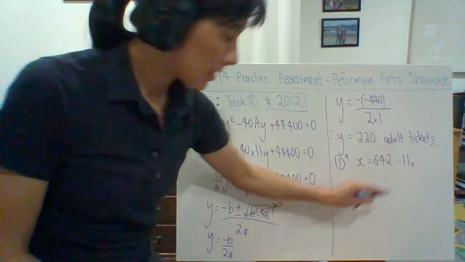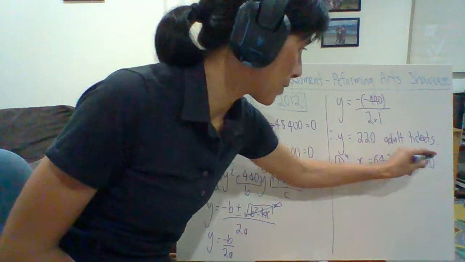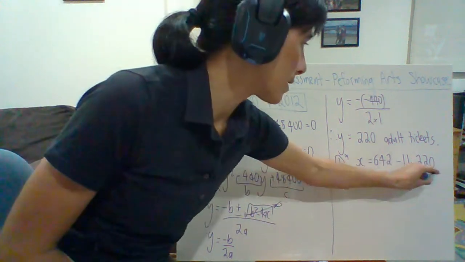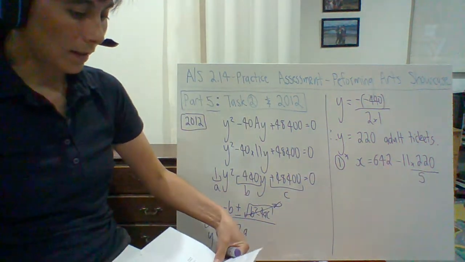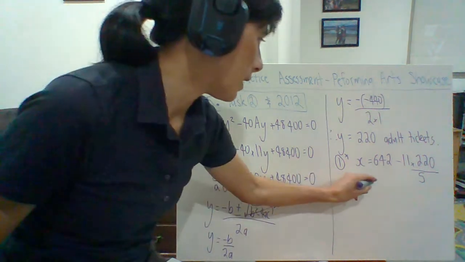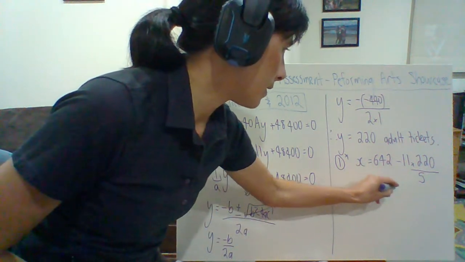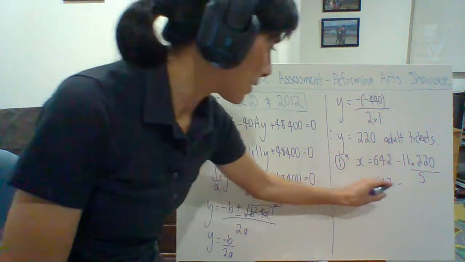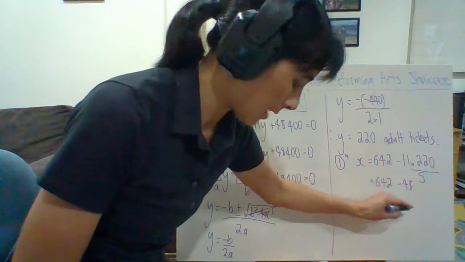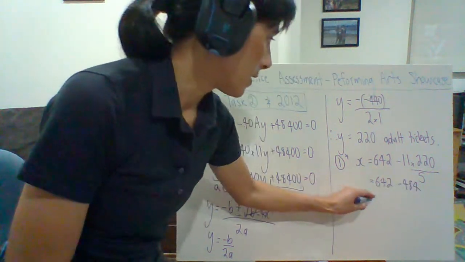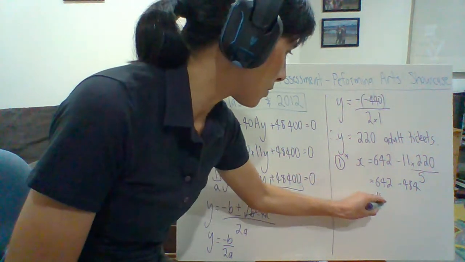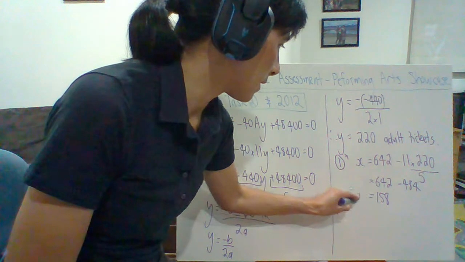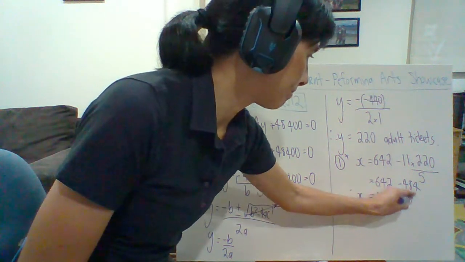So 11 times by 220, because we now would know what y is, all divided by 5. This section here will simplify down to 484. So 642, take away 484, we've got 158 child tickets.